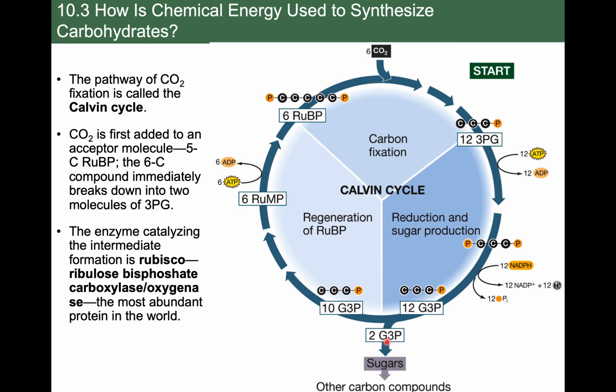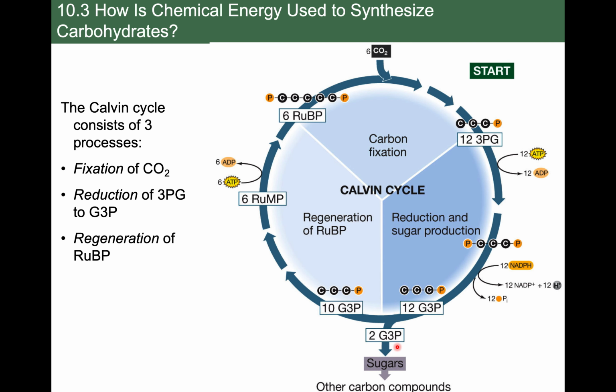So bottom line, 3 parts to the Calvin cycle. I'd like you to be familiar with those. And I'd like you to be aware that the sugars that we're getting out, we're just taking out a couple of these G3P 3-carbon sugars. So there's those 3 parts: fixation, reduction, regeneration.